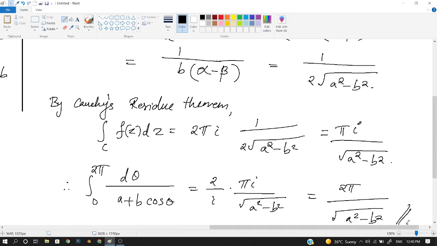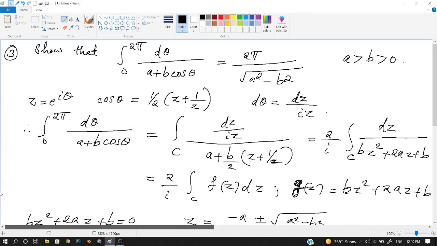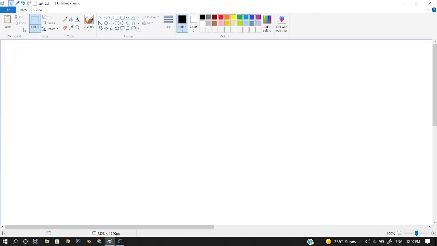This is our required answer. Thus we have the integral from 0 to 2 pi d theta divided by a plus b cos theta equal to 2 pi divided by square root of a square minus b square, where a, b greater than 0.